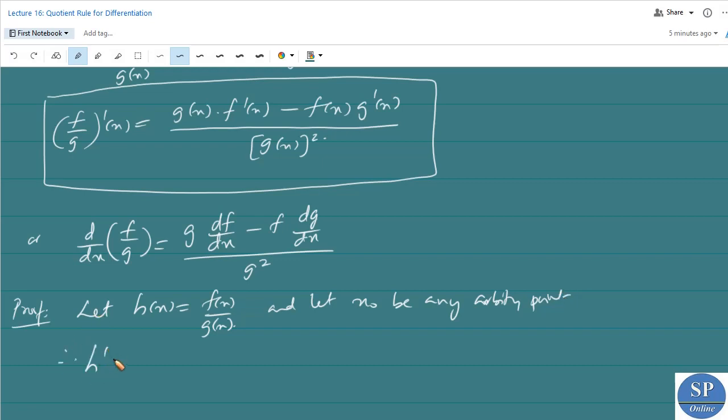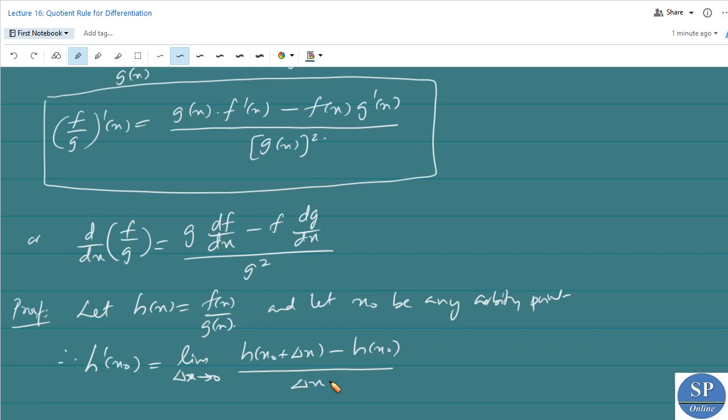Therefore, by the definition of the derivative, we have h dash of x naught is nothing but limit delta x approaches 0 of h of x naught plus delta x minus h of x naught, divided by delta x.